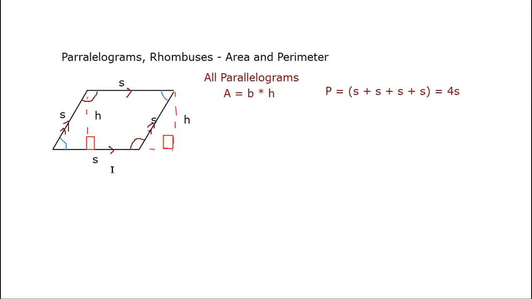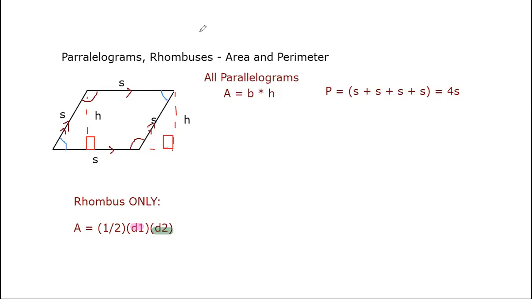Now there's another formula for the area of just a rhombus only. You can find the area by taking one half the product of the diagonals. So diagonal 1 times diagonal 2 times 1/2. So remember, the diagonals were those things that went across the middle of this shape.